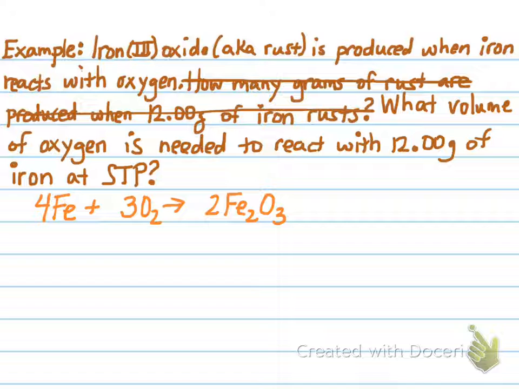This problem is saying I still have my 12, I will write it underneath. I still have my 12 grams of iron, but this time I want to know what volume of oxygen. So volume I'm going to measure in liters, and it does tell me that I'm at STP.